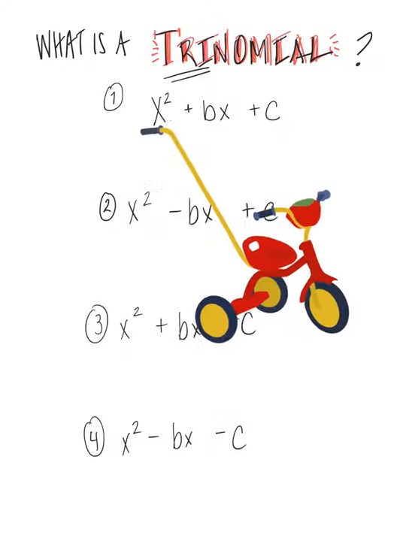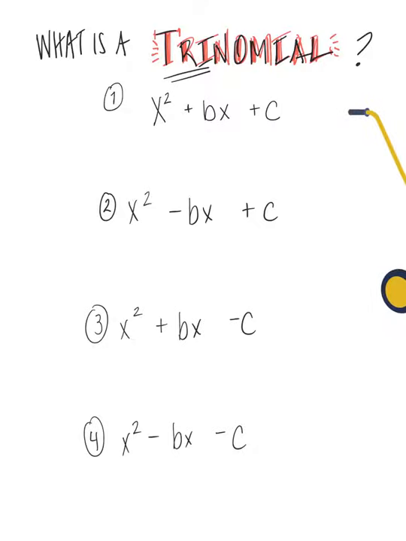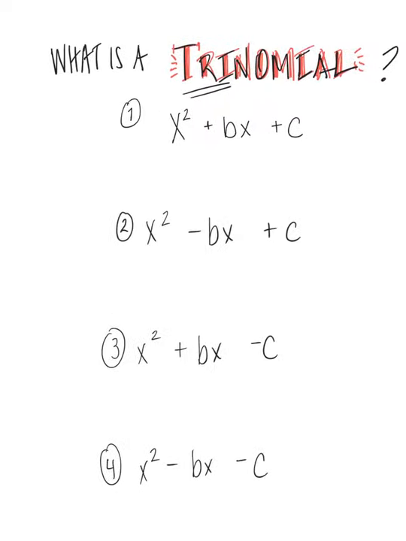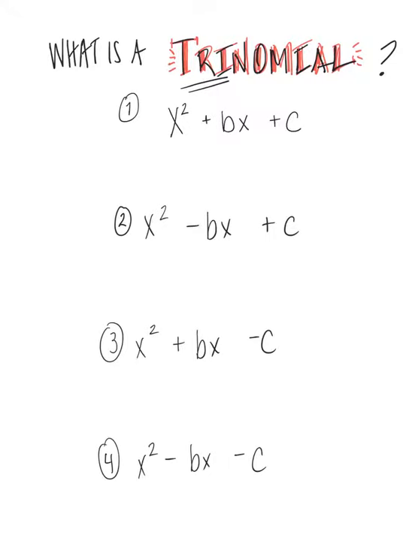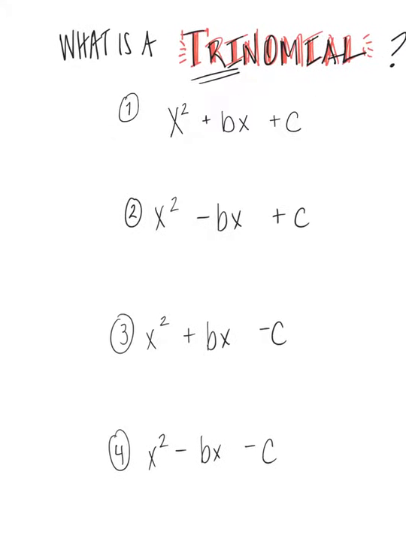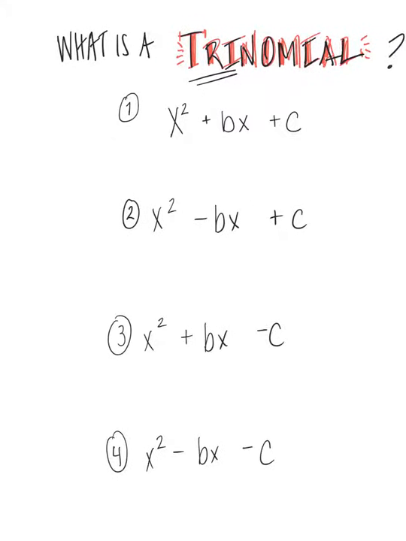All right, so our tricycle is going to move on over, and we are going to look at what it means to evaluate a trinomial. So a trinomial is going to be something that has 3 terms, or three parts. So in each of these, I've got an x squared, I've got an x, and then I have a constant.